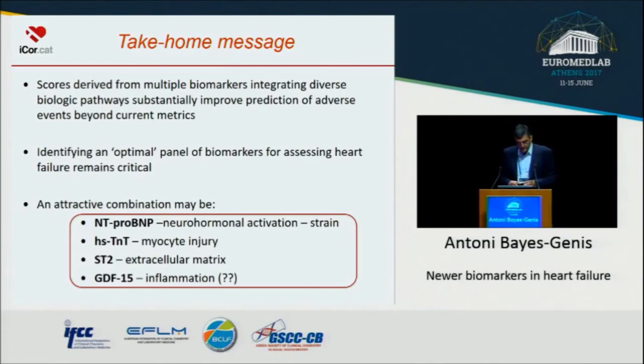Identifying an optimal panel of biomarkers for assessing heart failure remains critical, and I would not be ready to tell you which is the optimal panel today, but an attractive combination may be NT-proBNP, which is a surrogate of neurohormonal activation and strain, HS-troponin T as a surrogate of myocyte injury, ST2 for extracellular matrix fibrosis and remodeling, and GDF15 for inflammation. Thank you very much.